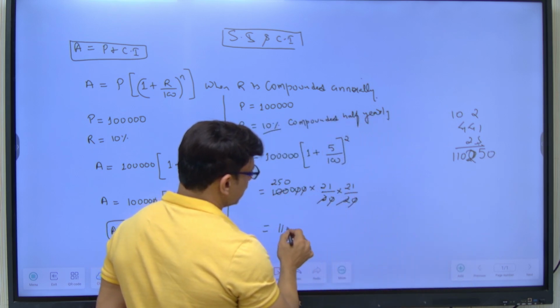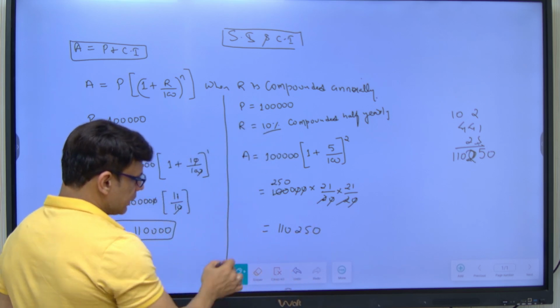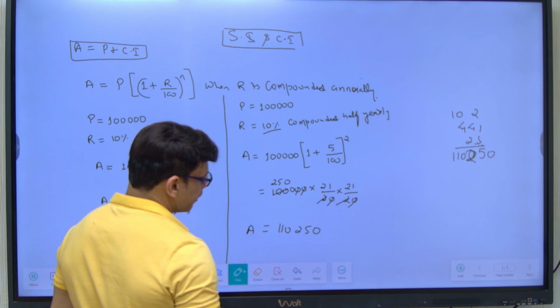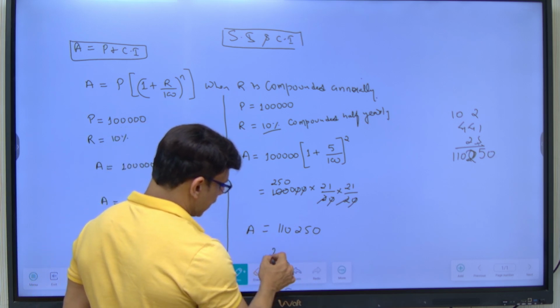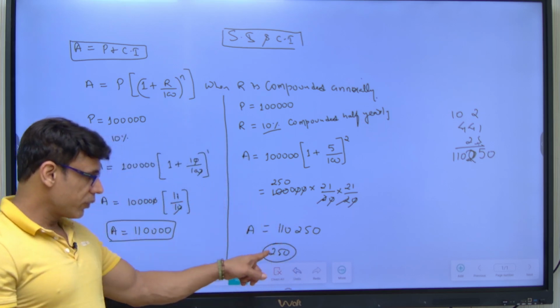We'll pay 110250. So in this case, how much amount are you paying? You are paying 1,10,250. How much extra did you pay? 250. So here you are paying 250 extra.